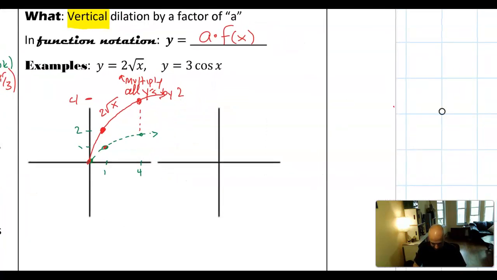And then finally, let's look at 3 cosine x. What? Cosine? I didn't know trig was on here. It's really nice to look at vertical stretches with some trig values, some waves, just because they have that nice sort of symmetry. So this is going to take all the y values and multiply all y's by 3. So cosine x started at 1, and it did some of this action.